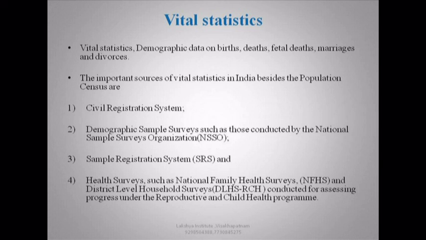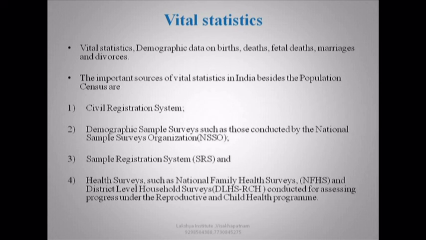Vital statistics. Vital statistics are demographic data on births, deaths, fetal deaths, marriages, and divorces. The important sources of vital statistics in India besides the population census are: 1. Civil registration system. 2.